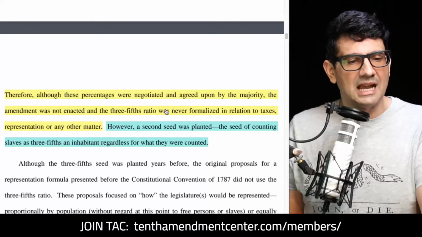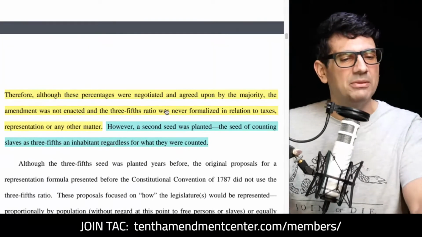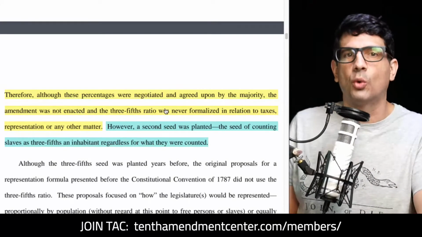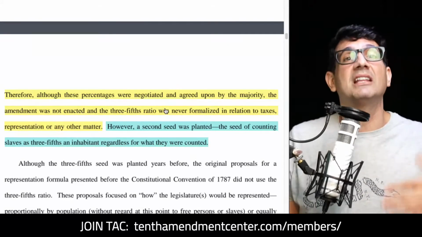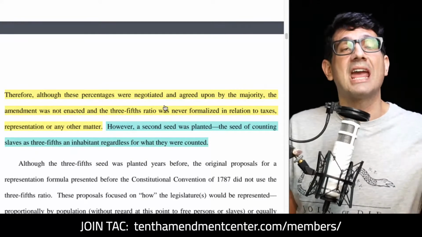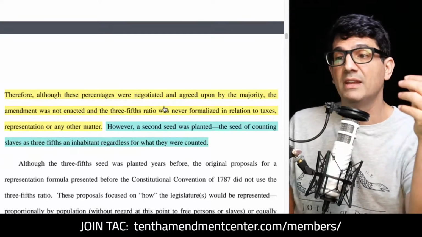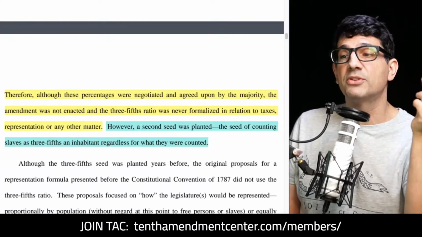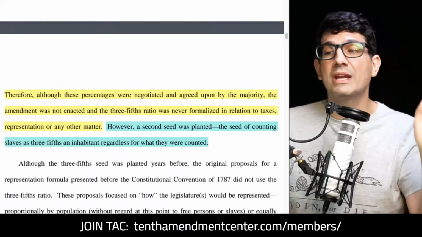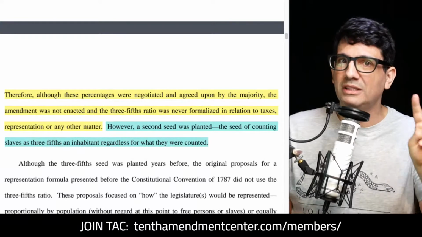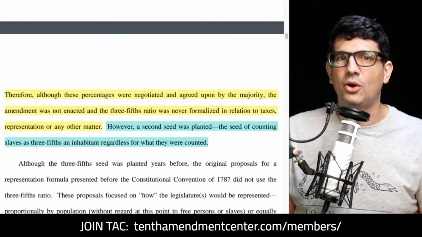And here, this is a guy named Michael Tangway, I believe. This was his master's thesis at Georgetown University a few years ago, and it's got a lot of really good history. It gave me a lot of breadcrumbs to research and learn more in other areas as well. And he says, therefore, although these percentages, and this is back to 1783 still, were negotiated and agreed upon by the majority, only 2 states, New Hampshire and Rhode Island, were the holdouts.